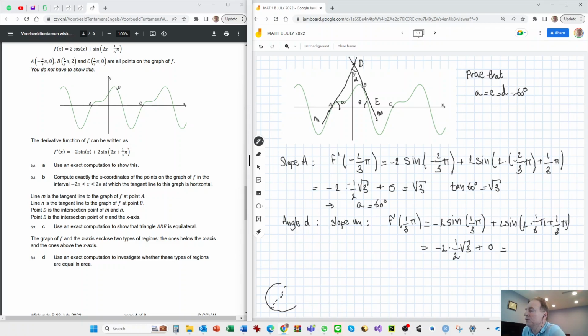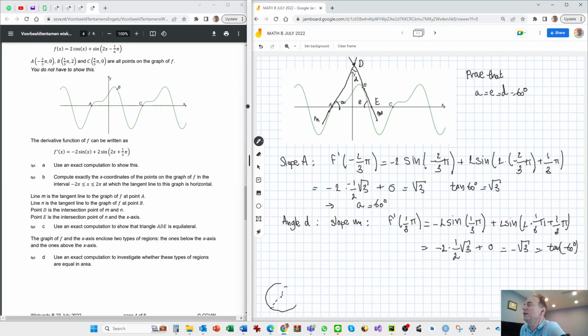So you get negative square root of 3, and the tangent of minus 60 is, so this is the tangent of negative 60 degrees. And that makes sense.